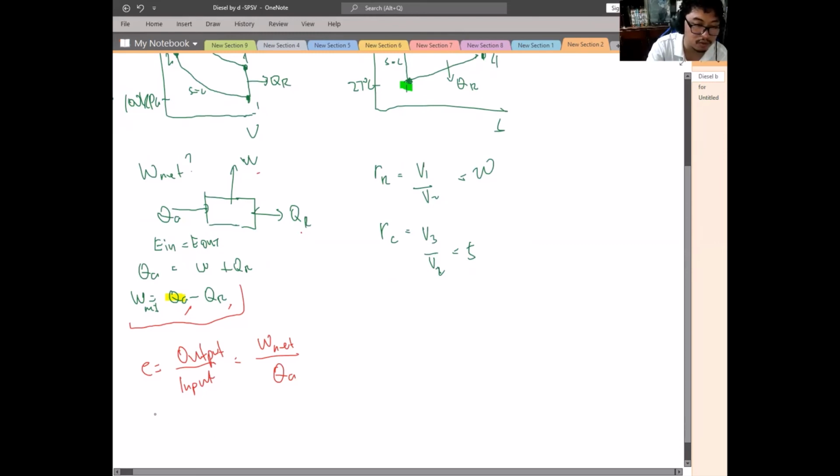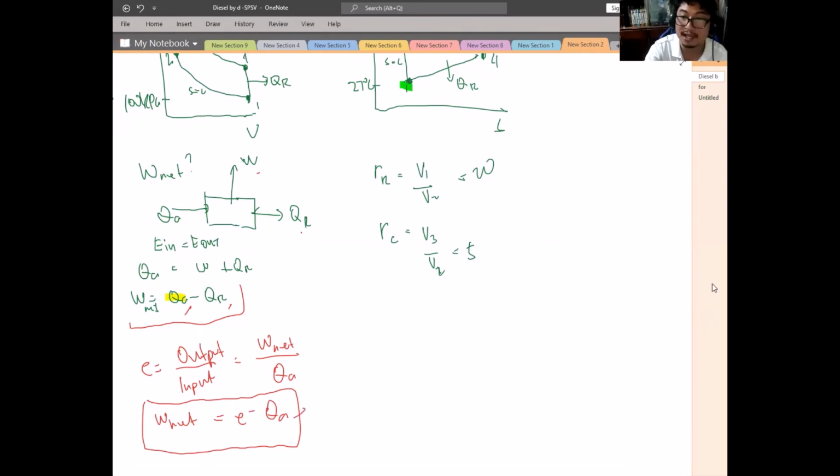So the net work equals E times QA. This is our new general equation. We already have a value for QA, so we only need to find the efficiency.